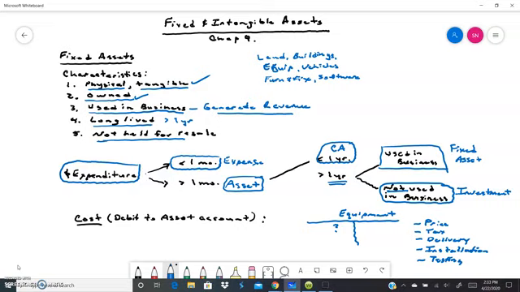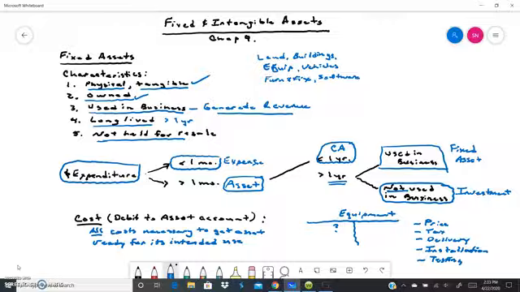So what we're going to call cost and what we're going to include as the debit are going to be all costs that are necessary to get the asset ready for its intended use.